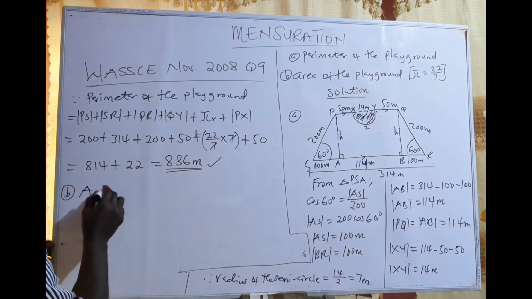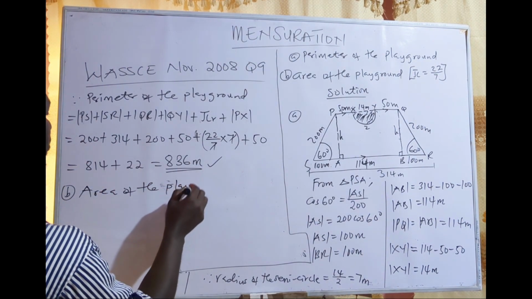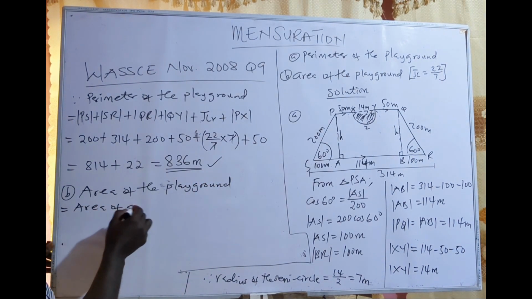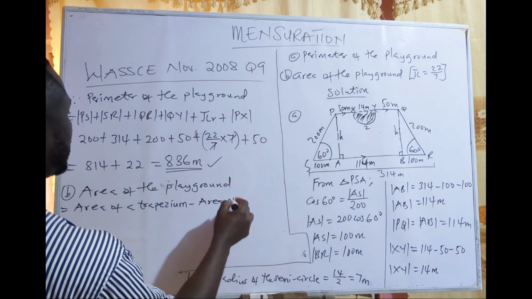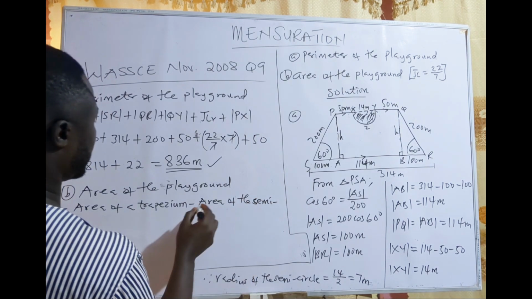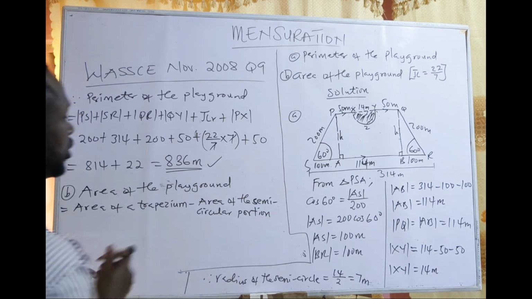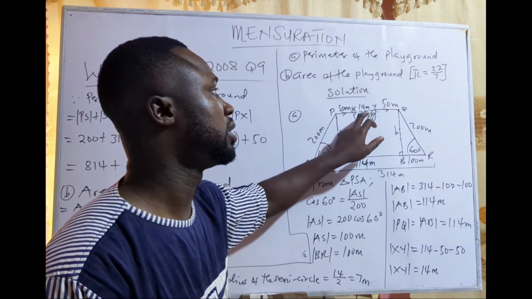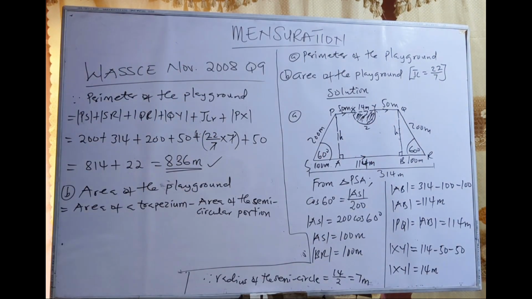So the area of the playground is equal to the area of a trapezium minus the area of the semicircular portion. So if I want the area of the playground, I find the area of the whole trapezium and I'll subtract this, because this is actually not there.